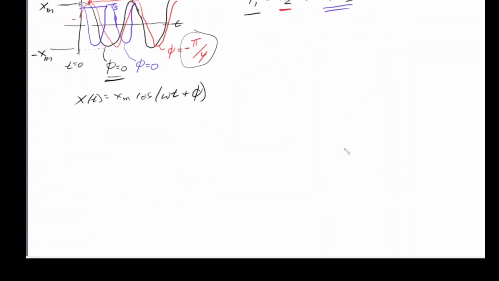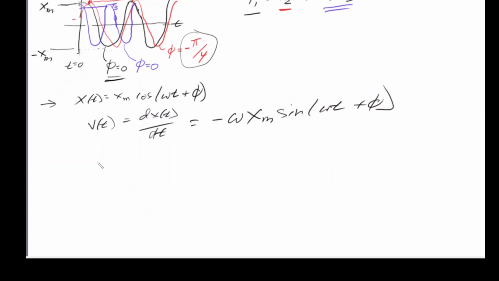Now let's look at velocity with simple harmonic motion. We know what our x value is, and the velocity in terms of time is simply dx of t over dt, which becomes minus omega xm times sine omega t plus phi.